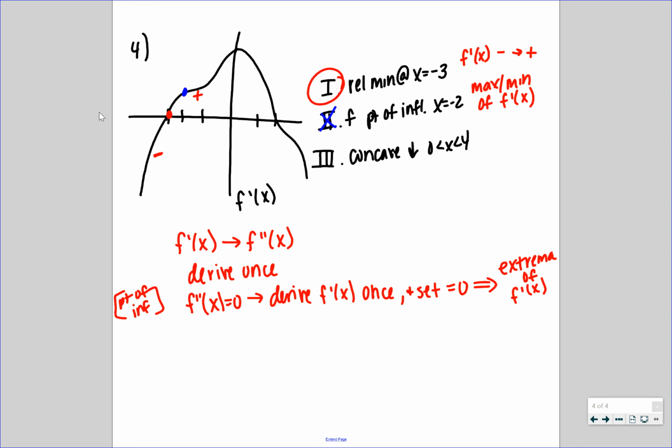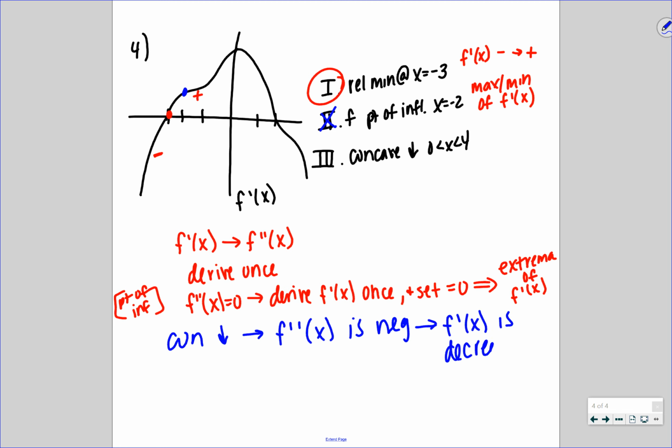On that same token, concavity: if I'm concave down, that means my second derivative is negative, which means the first derivative is decreasing.